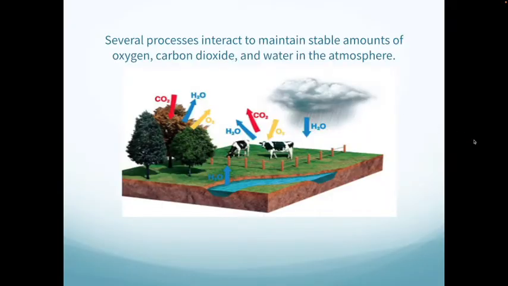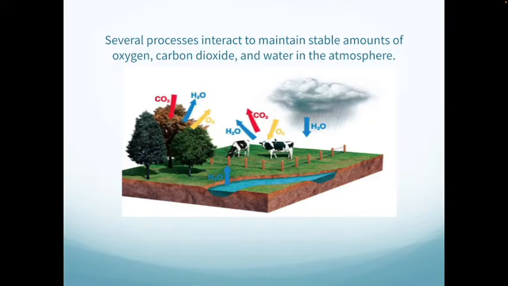Alright, there are several processes interacting to maintain stable amounts of oxygen, carbon dioxide, and water in the atmosphere. If you look at the graphic here, this is showing you the oxygen or carbon cycle, where CO2 is absorbed from the atmosphere by plants, and then plants breathe out oxygen, and H2O evaporates or transpires from the trees or the plants.